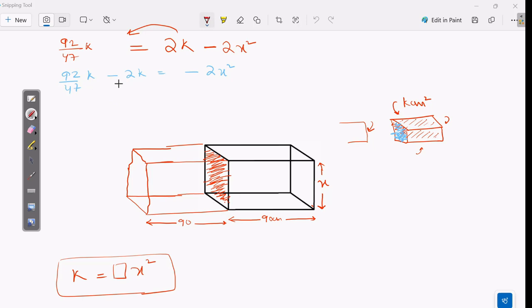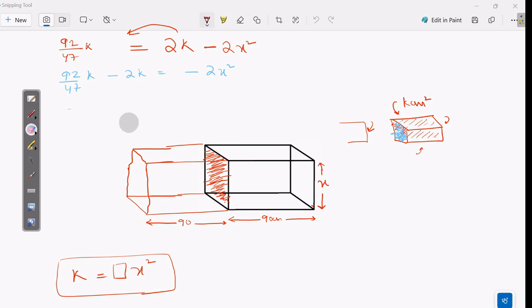Can you simplify this, Anika, on the left hand side? Could it be k times 92 over 47 minus 2 is equal to negative 2x squared? I was thinking you could take out k.